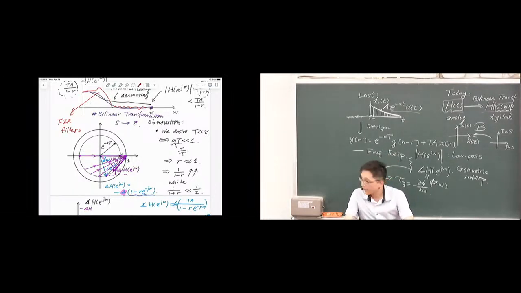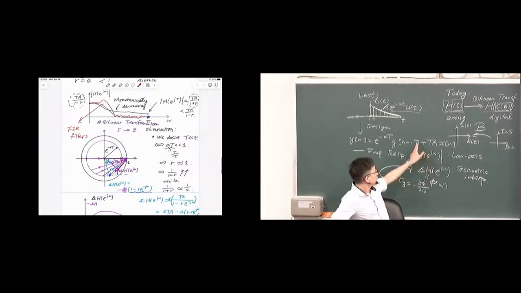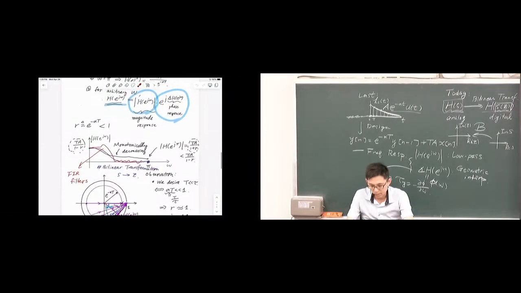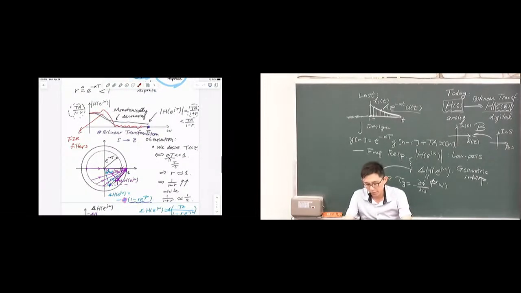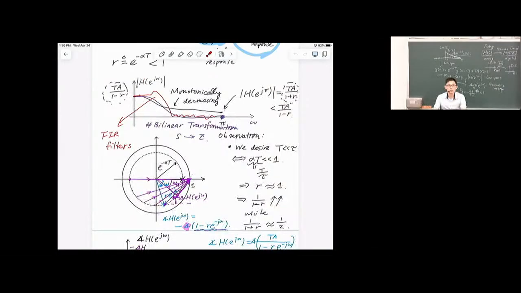Thank you. So last time we pointed out that this difference equation can give us the magnitude response, but the magnitude response does not go all the way to 0. Even when we reach the highest frequency, the Nyquist frequency, the magnitude response does not go to 0.